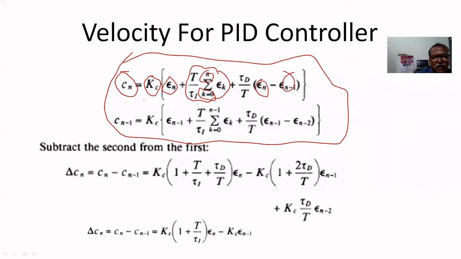Here the constants are Kc T by Ti, and Kc Td by T. Kc is common.